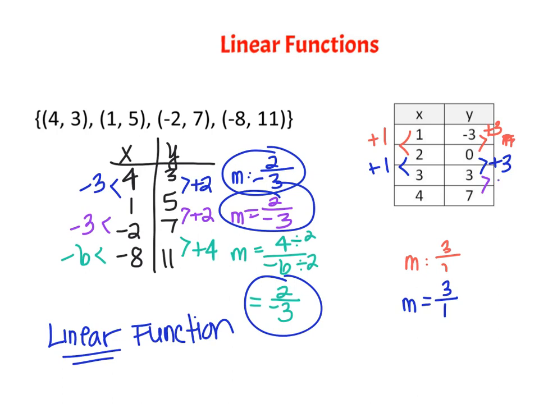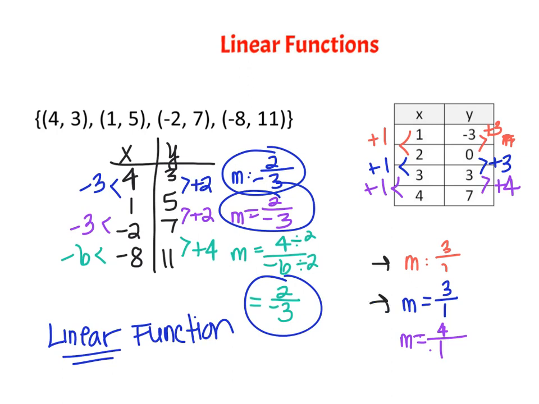From 3 to 7 is an increase of 4. Again, it's a different number, but like we learned from last time, we can't compare until it's absolutely simplified. And from 3 to 4 is an increase of 1. 4 over 1 is simplified enough as far as I can go. So I see here that these are not the same slopes.